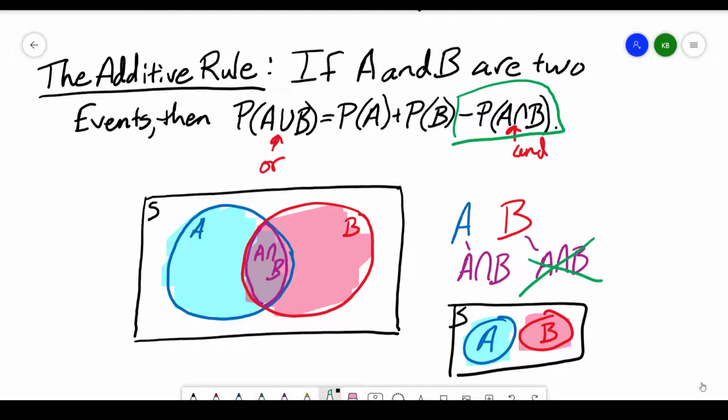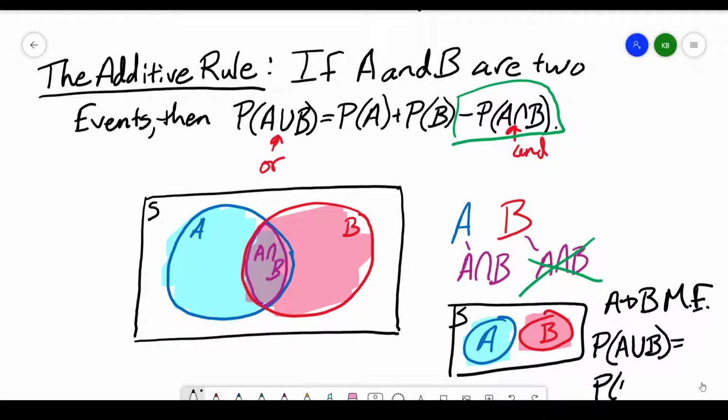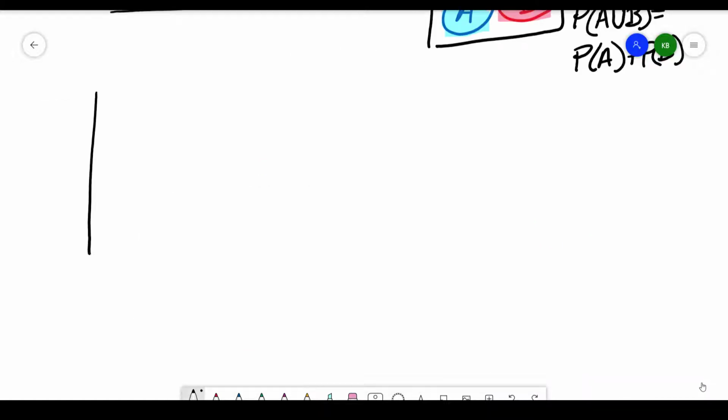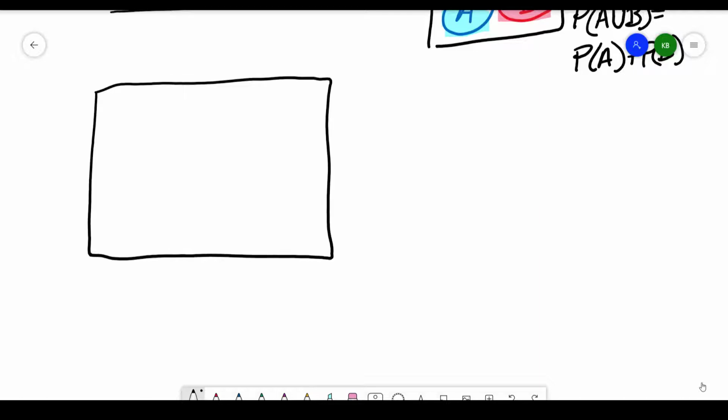So when I have mutually exclusive events, so A and B mutually exclusive, then I have the probability of A union B equals the probability of A plus the probability of B. And you'll remember from our definition that it's not just that this works for 2 events, it works for however many events we have.